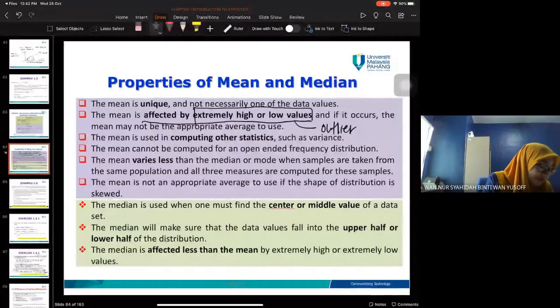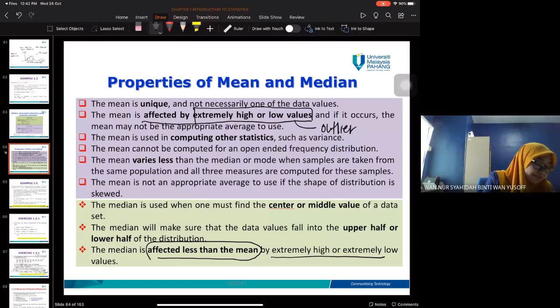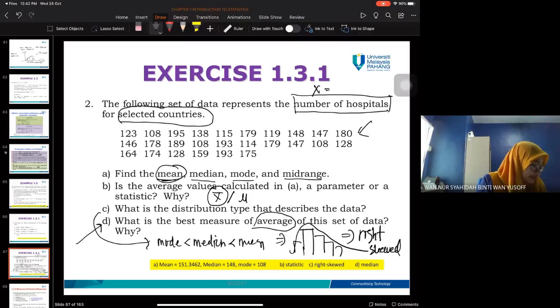And median is affected less than mean when we have an outlier. So the best measure is related to what shape we have.